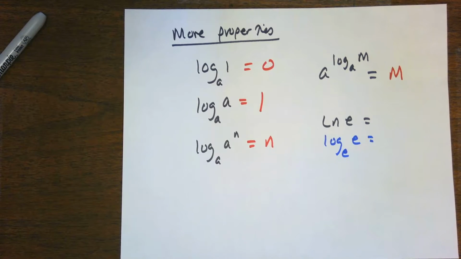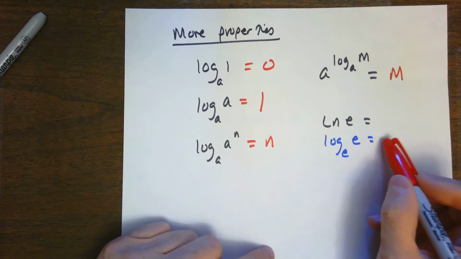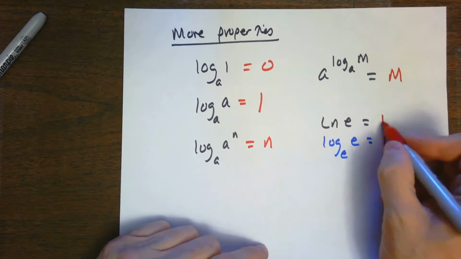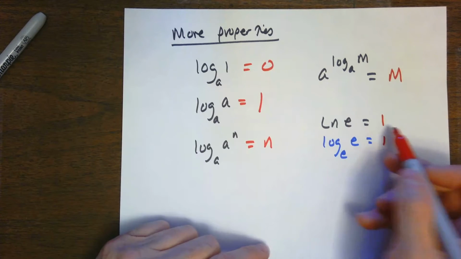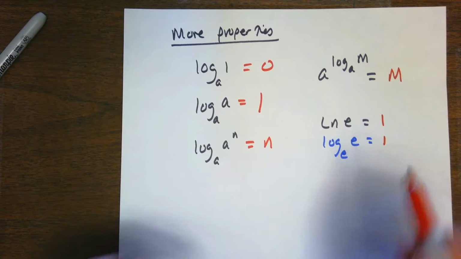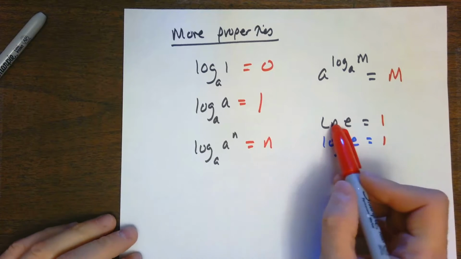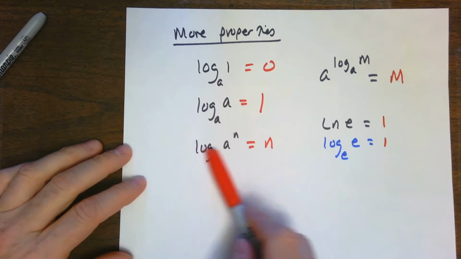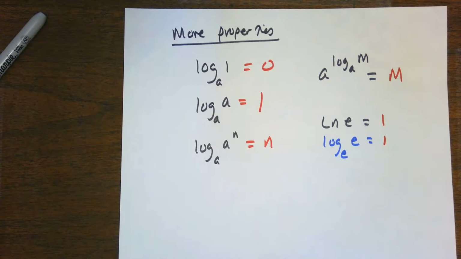And I ask myself, well, e to what power is e? E to the first power. So the natural log of e is 1, because e to the first power is e. When you see natural log, remember, it's always log base e. So all of these properties would work with natural log and with common logs as well.